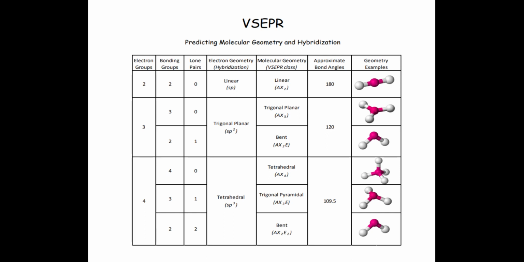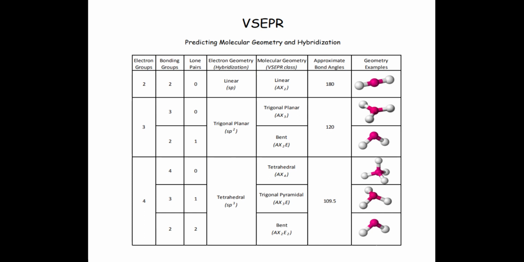And for these 3 situations, because they all have 4 total electron groups, the electron group geometry is tetrahedral. But because they have different numbers of lone pairs, the molecular geometry is going to be different. The shape of the actual molecule is different, and you can see here that the shapes are obviously different when you're looking at the molecule.